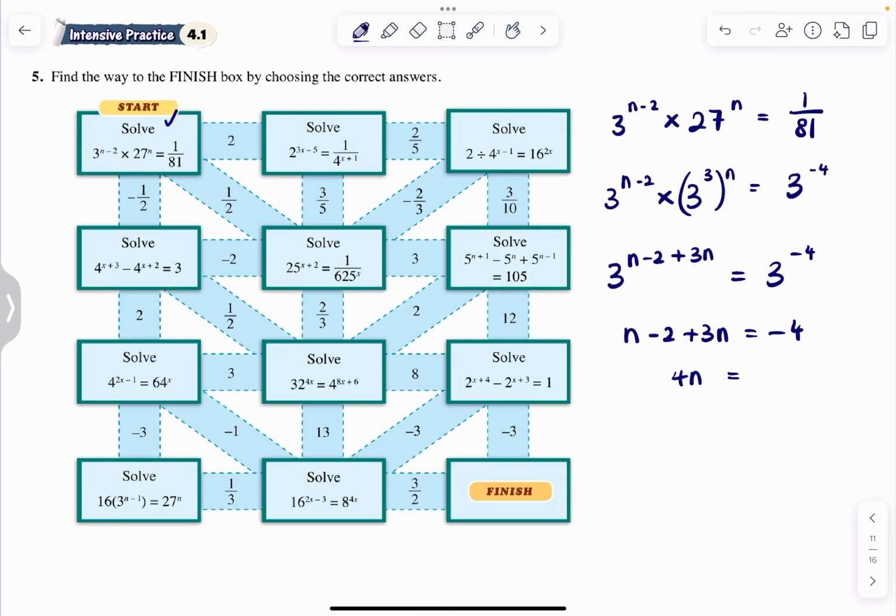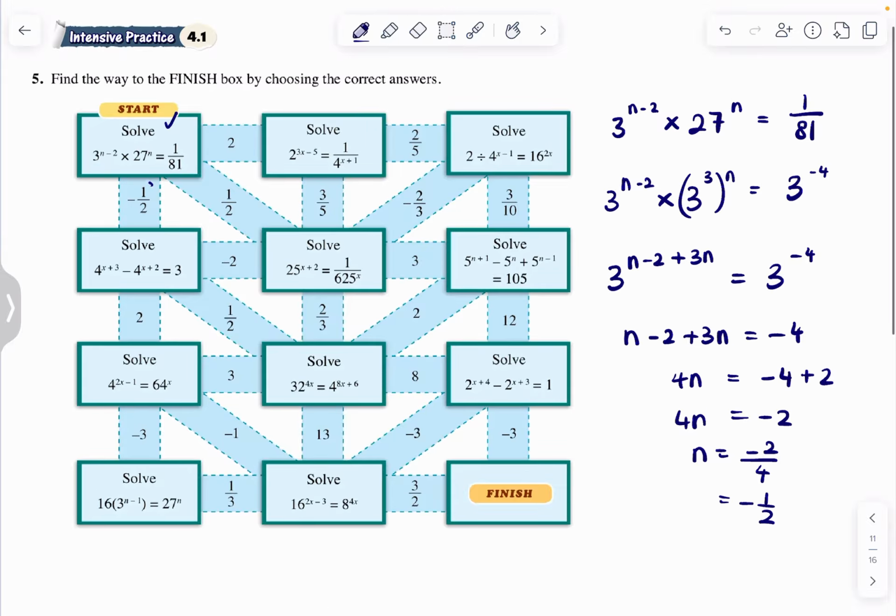So 4n minus 2, we bring that side, it becomes negative 4 plus 2, which is negative 2. So n is negative 2 over 4, which is negative 1 over 2. So the answer is this. Right.